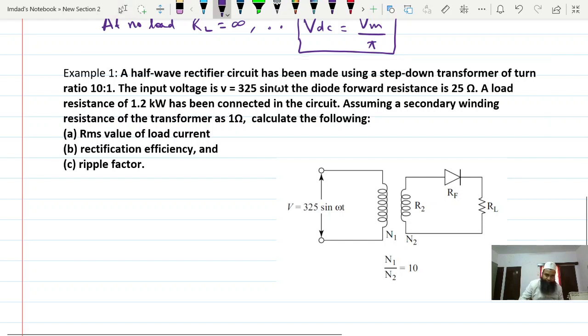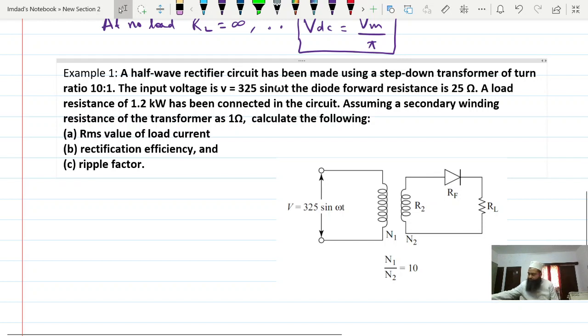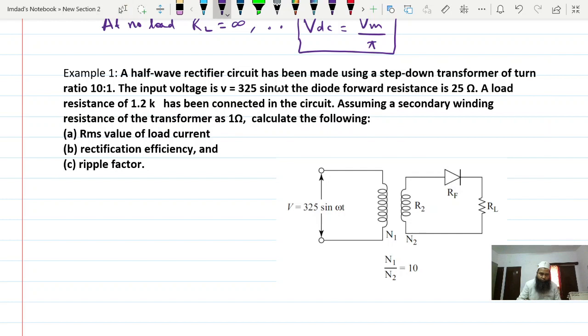We have V equal to 325 sin omega t, that is, we have Vm equal to 325 volt at the primary of this transformer.